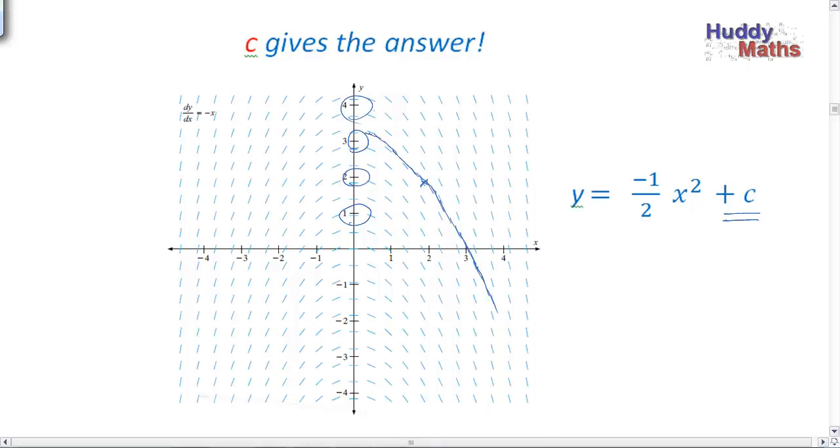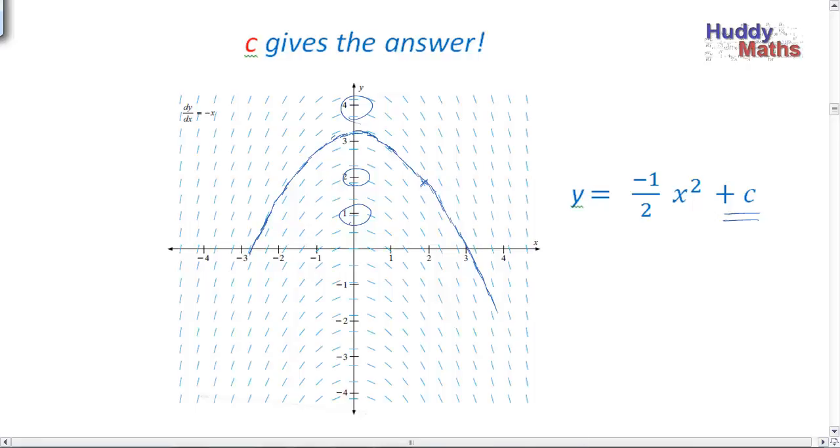So through here, I reckon we're coming this way, up here somewhere. It's getting hard on the screen now. Okay, so I reckon the turning point is somewhere like that, and the next intersection point is about there.